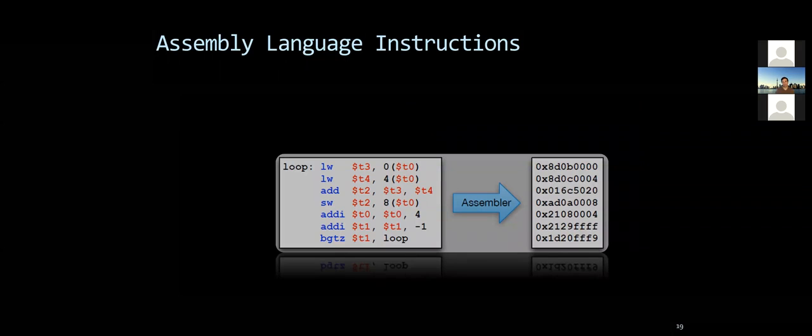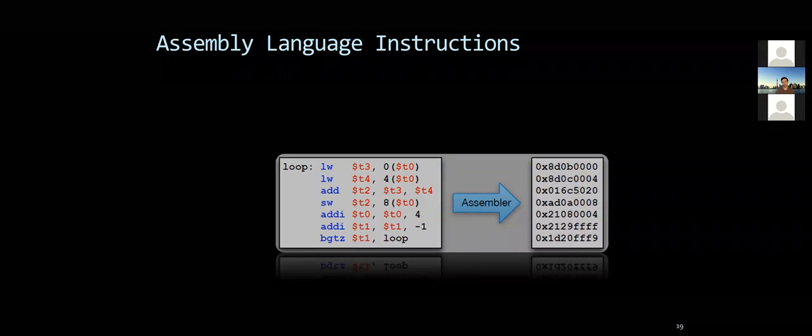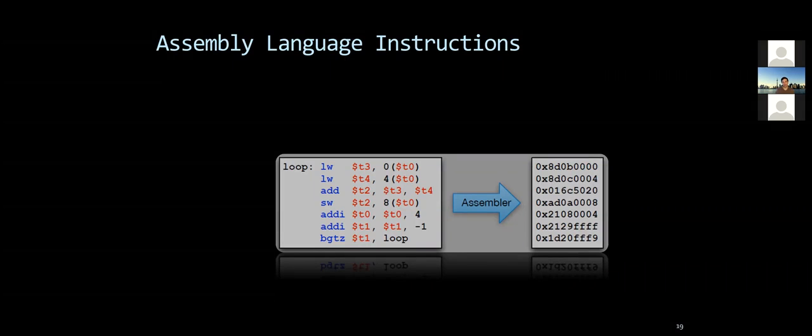So the assembly instructions are supposed to help people that cannot do it this way, like me. For example, I'm not good at programming just with zeros and ones. So we have, for example, loops with some instructions in it written in assembly language, as you can see here, and the assembler is going to convert them into 32-bit instructions.